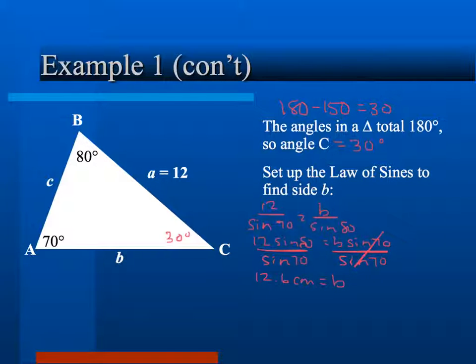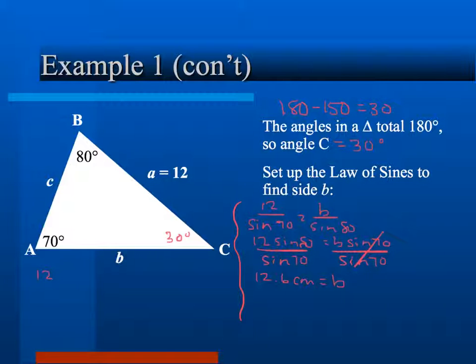So we have side b all set up, and we need to then proceed to find side c. I'm going to go back to my information about side a because it's not using anything that's rounded.